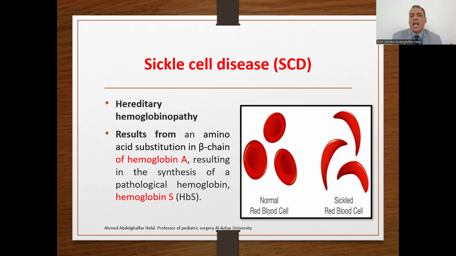It's a hereditary hemoglobinopathy. It results from an amino acid substitution in the beta chain of hemoglobin A, resulting in the synthesis of a pathological hemoglobin.